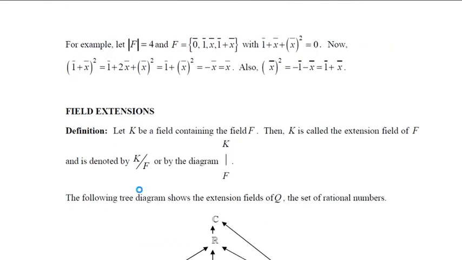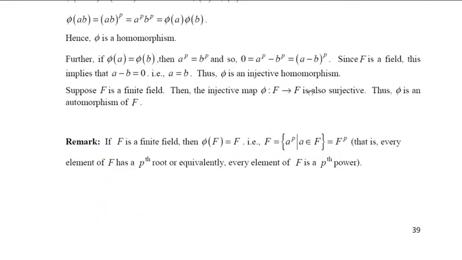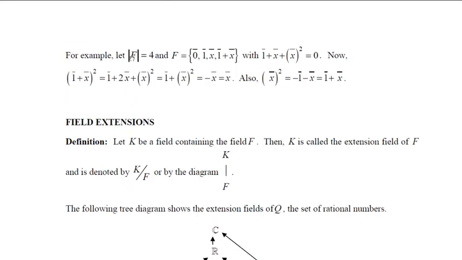For example, suppose you consider Z2 is your field, then take Z2 to the power of 2, that becomes your field F, which consists of 4 field elements, because in Z2 there are 4 elements.